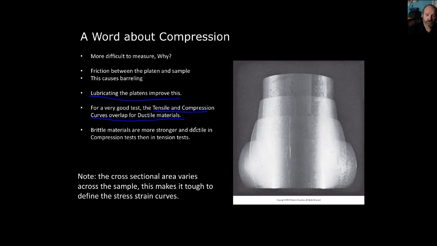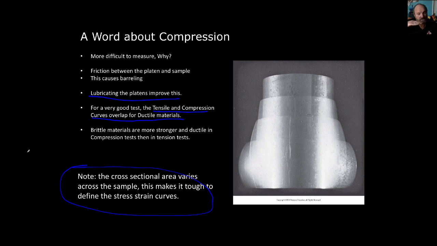In typical compression tests, the cross-sectional area varies across the sample, and this makes it tough to define the stress-strain curves. Remember when we were doing tensile testing and pulling in the elastic region, the cross-sectional area got smaller, but by the same amount along the whole test sample.